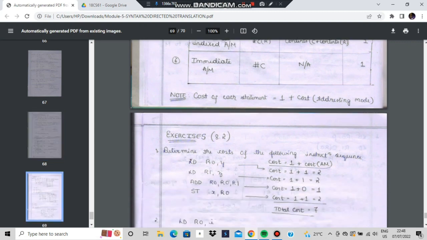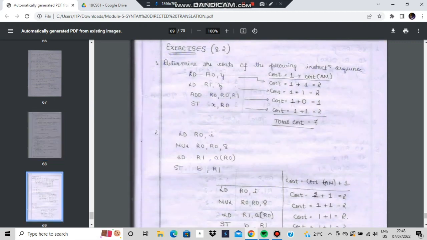Let's see one example. Here we have the cost of the following instruction: R naught and Y. Y is nothing but a memory location. For a memory location it is one cost. From memory to R naught it is one, and you add one as usual, so it will be two here. For this also it is two. For this one, it is just register to register, which is zero, and then you are doing add, so it will be one plus zero because R to R is zero only.